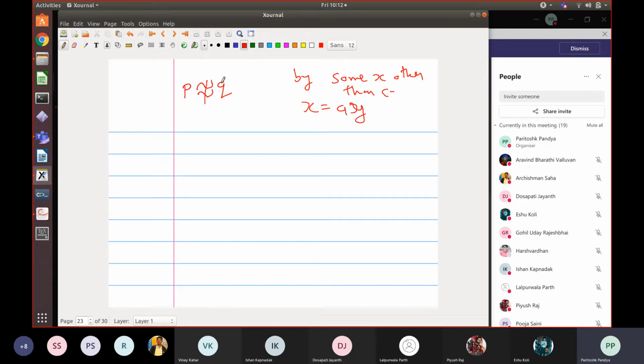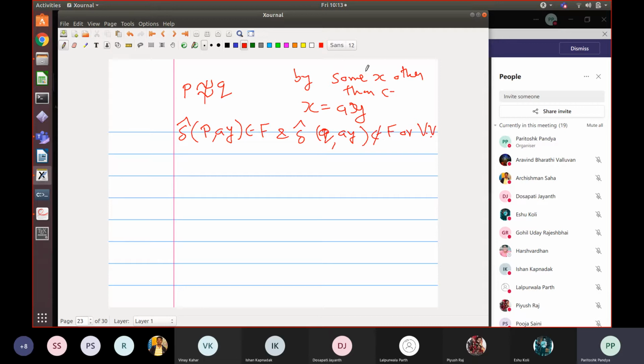Since these two are not equivalent, we have delta hat of P on AY belongs to F and delta hat of Q on AY does not belong to F, or vice versa. Vice versa means this does not belong to F and this belongs to F, right?